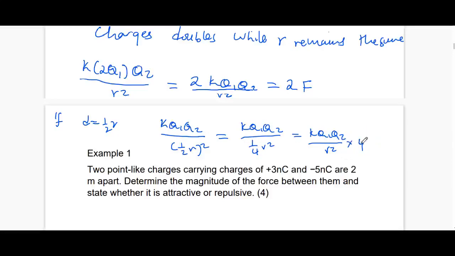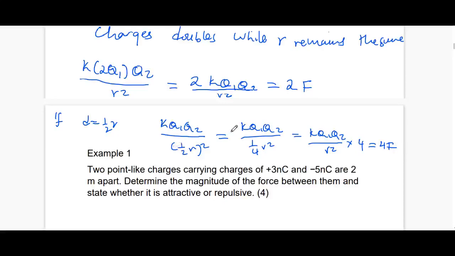This 4 multiplies everything here, and everything is the original force F. So the final answer is 4F. If my distance is halved while the magnitude of the charges remains the same, the force will quadruple.